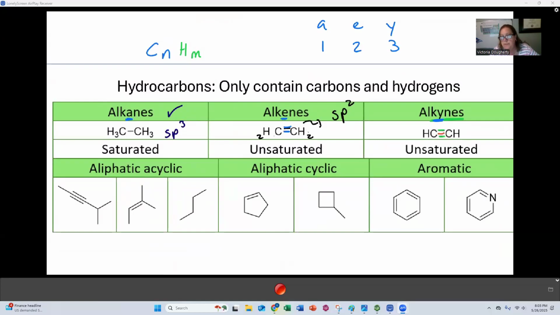Again, this is just talking about hydrocarbons. If we start adding in carbon and heteroatom bonds, then they're no longer hydrocarbons, and we no longer use the terms alkanes, alkenes, and alkynes. And so they come in a bunch of different flavors.